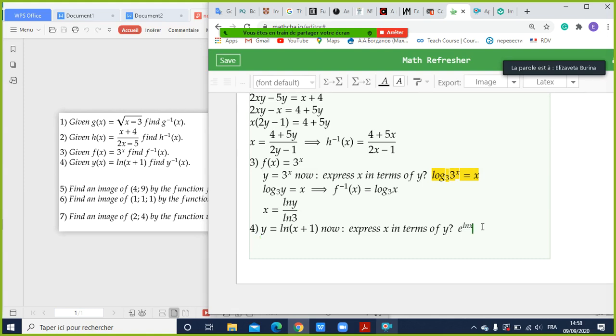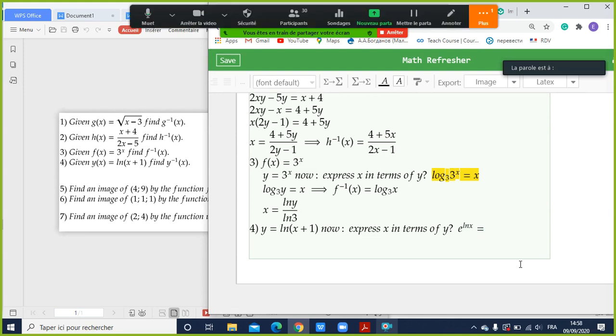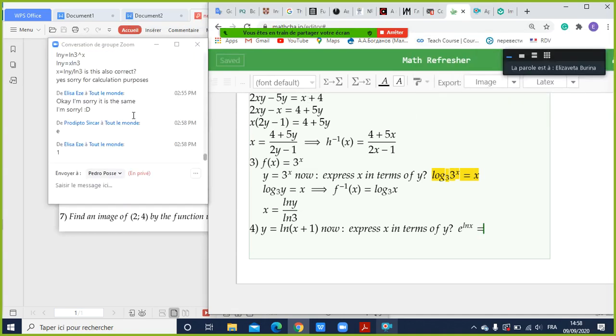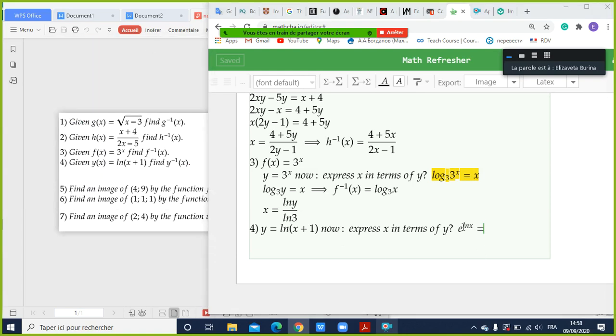So e to the power of natural logarithm of x. What is it? Oh, you're replying. I like it. e to ln x. I like x most. Why?